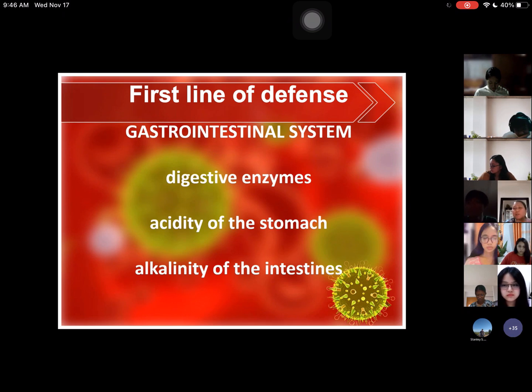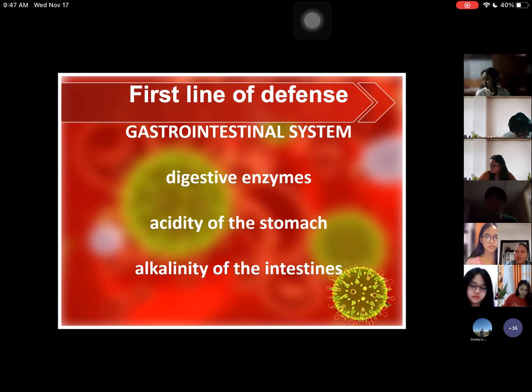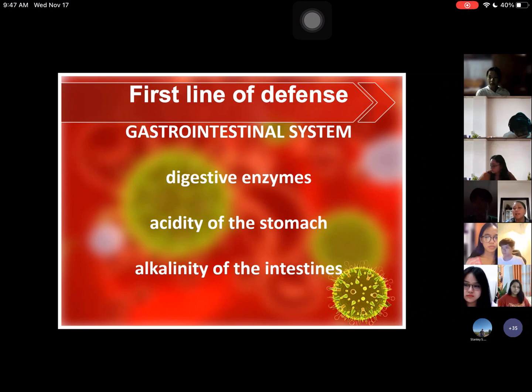So that's why the small intestine is usually free of microorganisms, because of these components of the gastrointestinal tract: the digestive enzyme plus the acidity of the stomach and the alkalinity of the intestine.